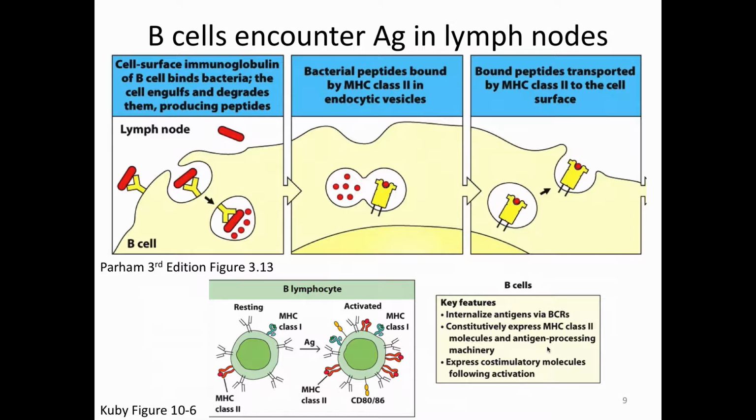And you need to remember that B cells are also one of our professional antigen presenting cells for class 2. And B cells have this ability to do receptor mediated endocytosis, which we talked about as being one of the ways we can acquire antigen for the MHC class 2 presentation pathway.